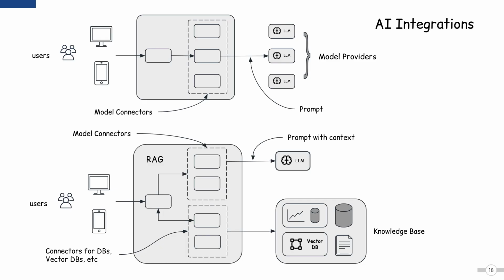And once you get the data from these knowledge bases, your integration can do various tasks such as filtering and sanitizing those data, and then modify the prompt that was passed in by the users with some context. And that way the LLM can provide better answers when it comes to how it responds. Otherwise the answers are going to be very generic and so forth. So this is what the RAG pattern is like when it comes to AI integration.